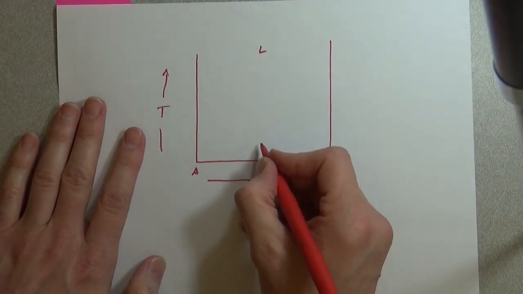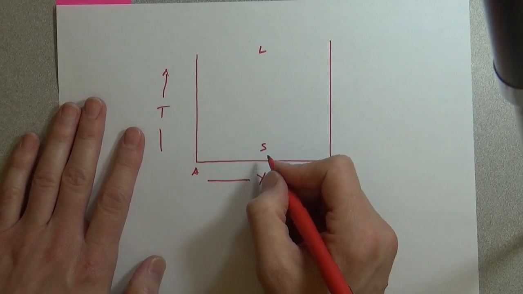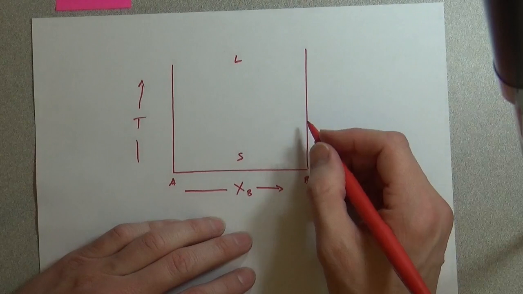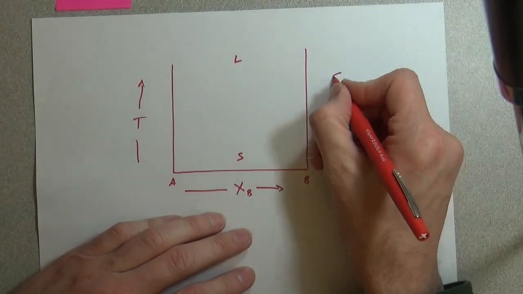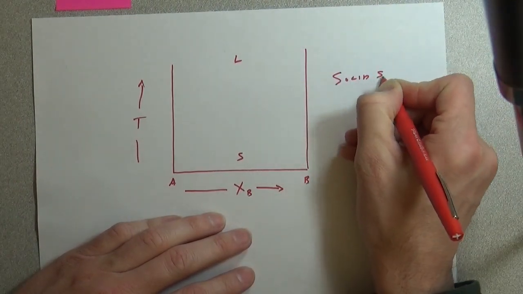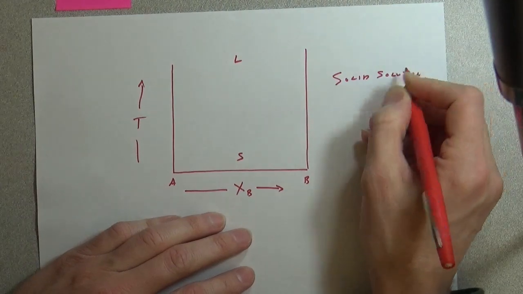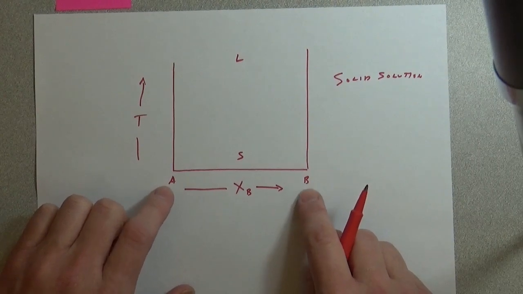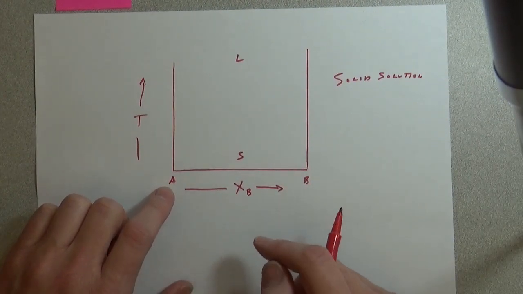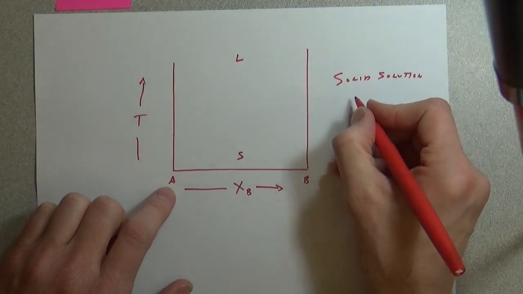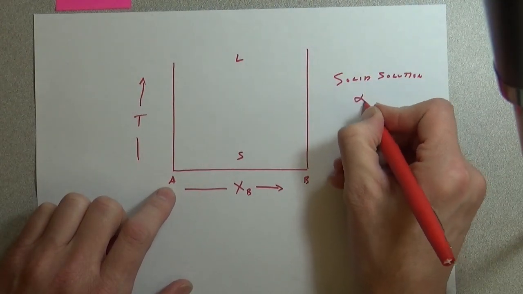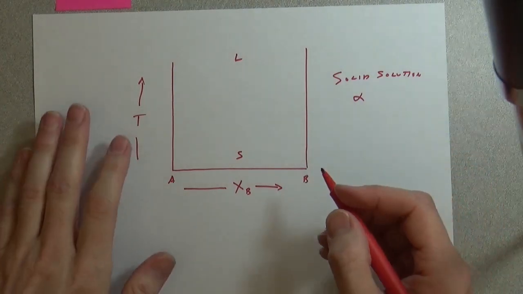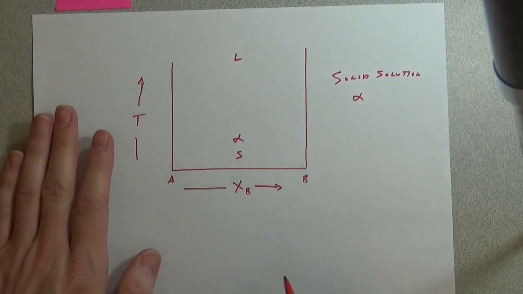At low enough temperature, we have a solid. And this solid is a solid solution, because our A and B are isomorphic, so they're completely soluble in each other. We denote solid solutions using Greek letters, so this would be the alpha phase, so to speak. We're going to call this alpha.